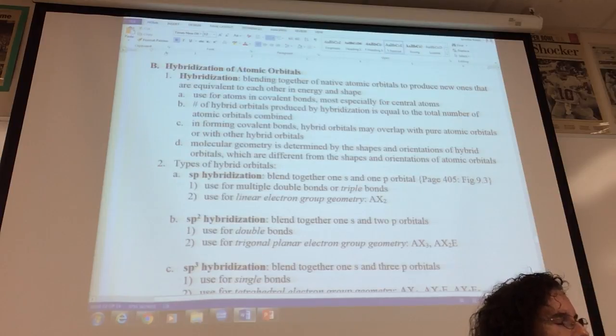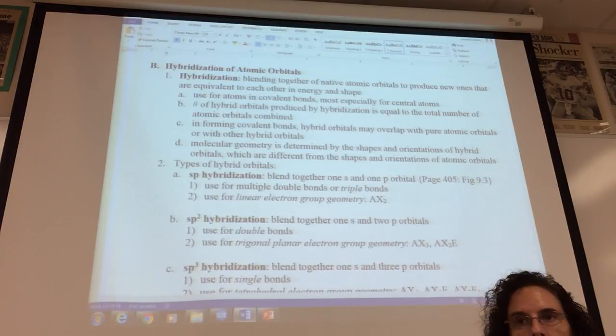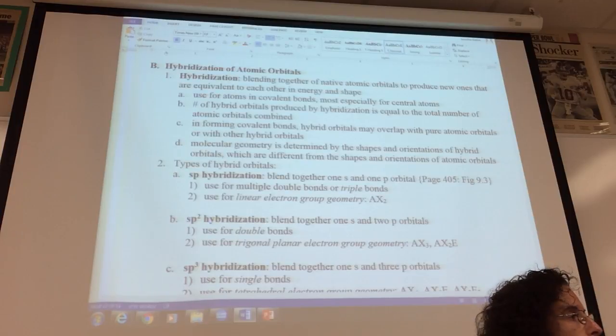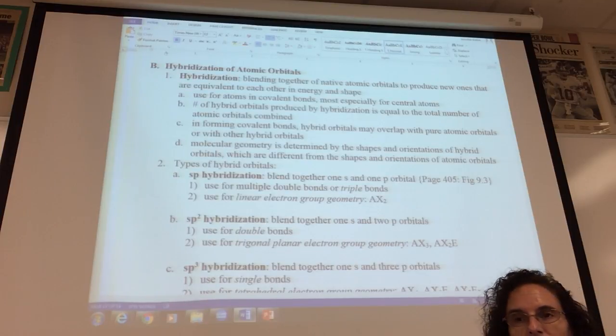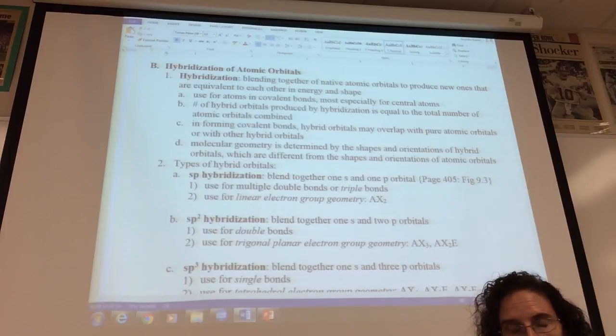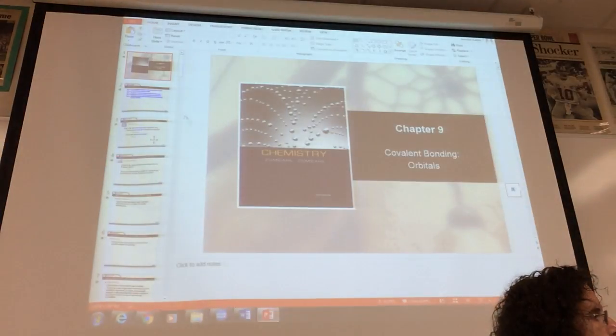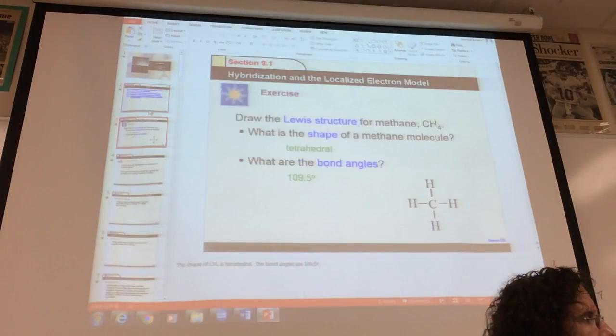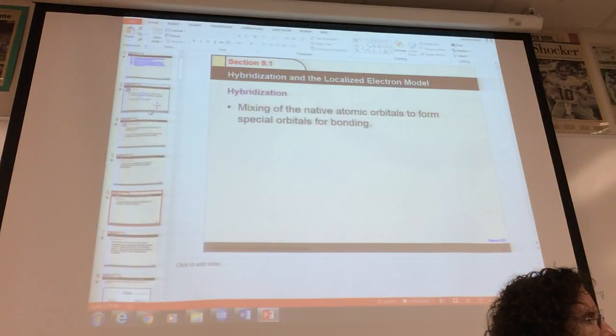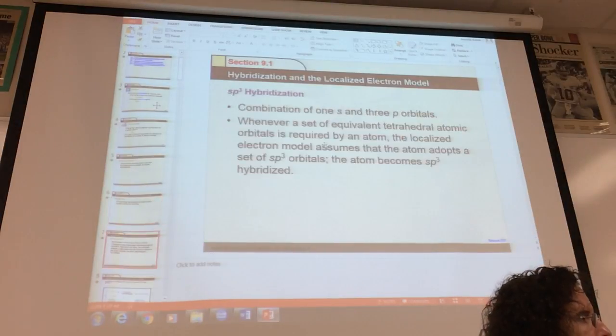Hybridization. When you have those atomic orbitals overlapping, they will often blend together to form orbitals that have intermediate properties. For example, you can look at this here. All right, so you're going to mix the atomic orbitals to form special orbitals for bonding.